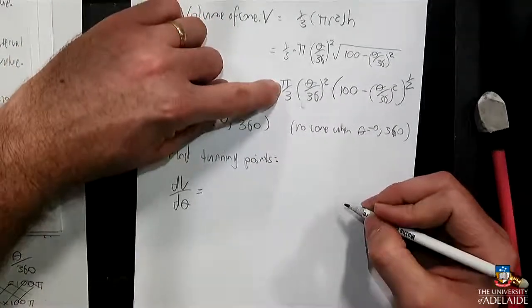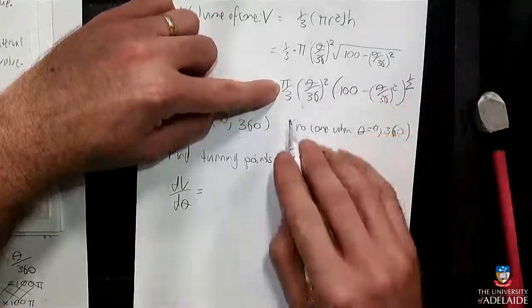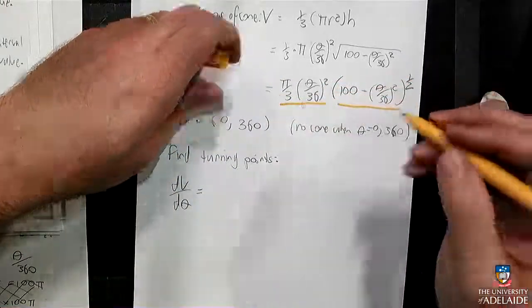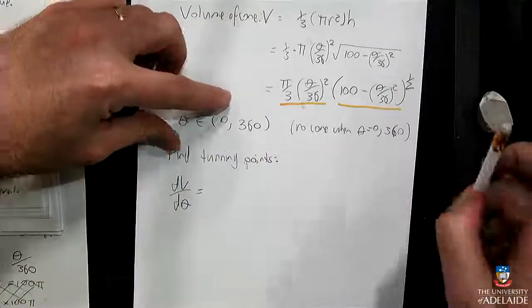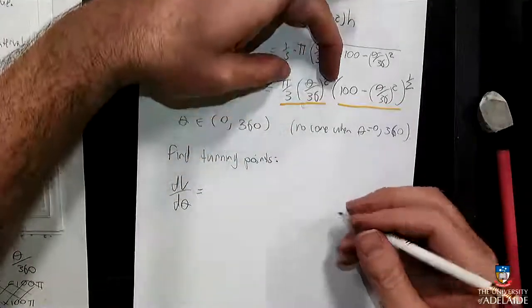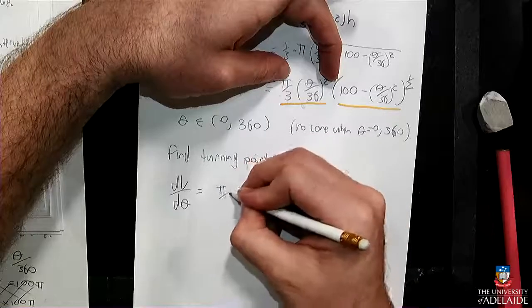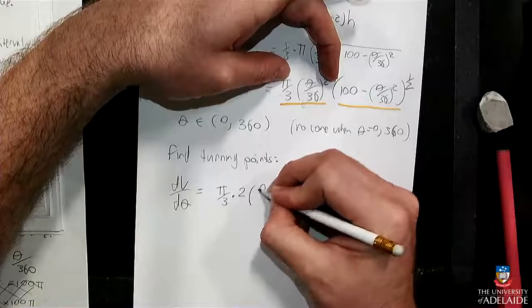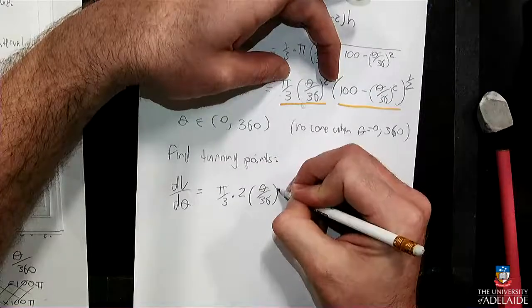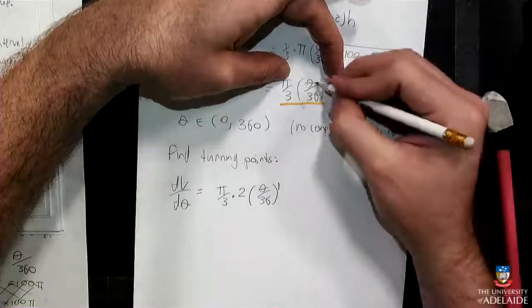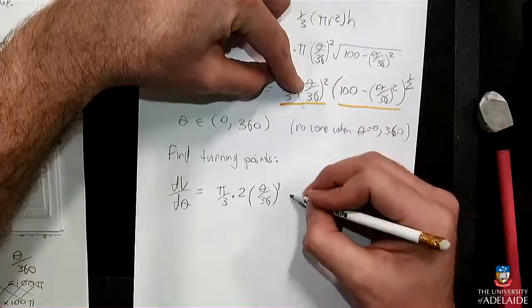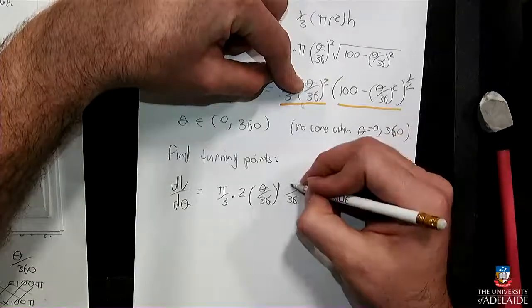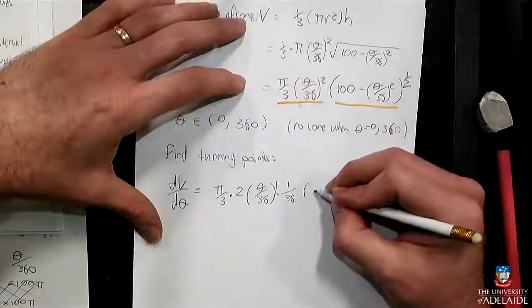I can see that my V is made of two pieces multiplied together, so I can use the product rule. The derivative of this part will be pi on 3 still multiplied on, then 2 lots of theta on 36 to the 1, and because of the chain rule I'll multiply by the derivative of the inside, which is 1 on 36, since the 36 is a constant divided, and then we'll keep this bit.